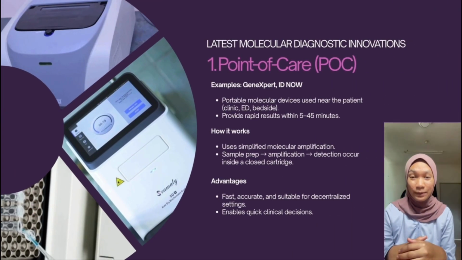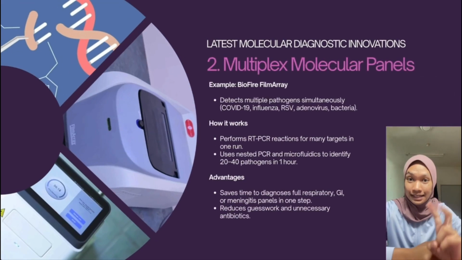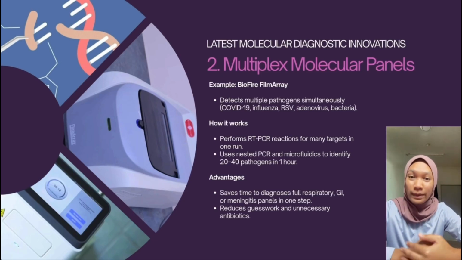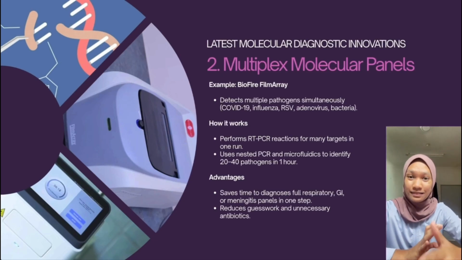Today, new innovations are making molecular testing very accessible and fast. The first one is point of care systems, which include GeneXpert and IRDINA, which provide results in minutes using a sealed cartridge. Second, multiplex panels, such as BioFire. It tests for many pathogens at once, so it helps guide treatment very quickly.